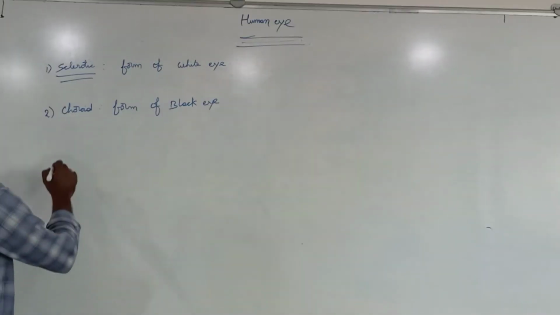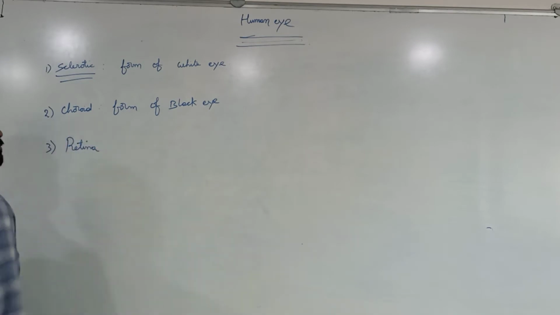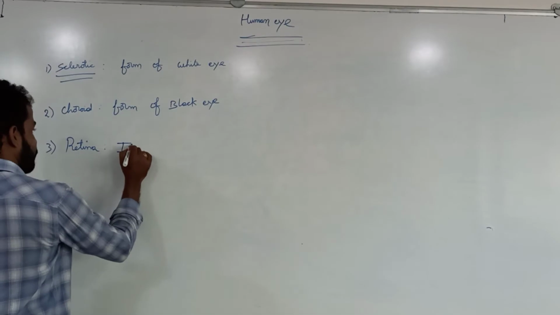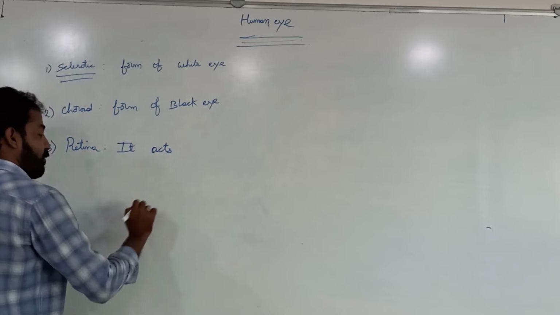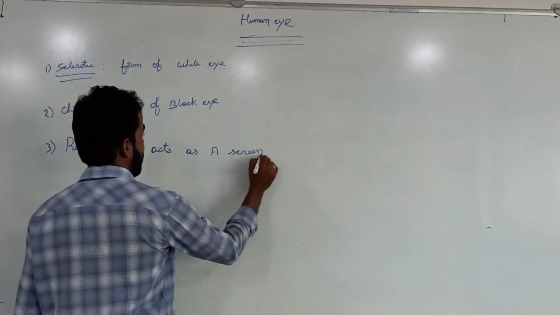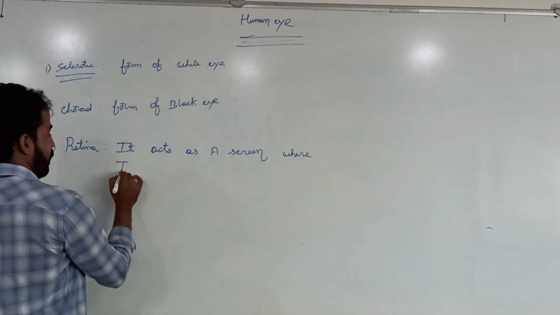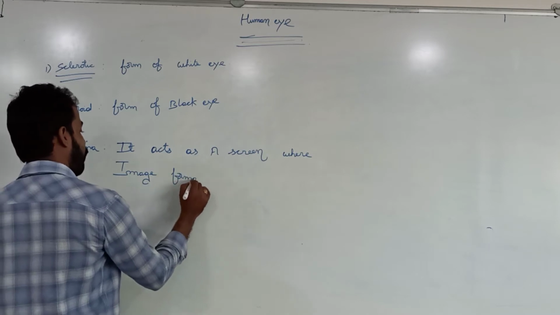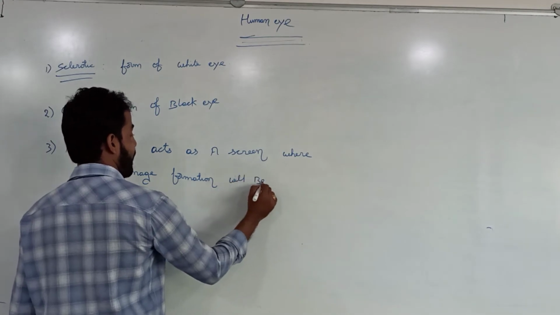The third one is the retina. What is the function of the retina? It acts as a screen where image formation is done.